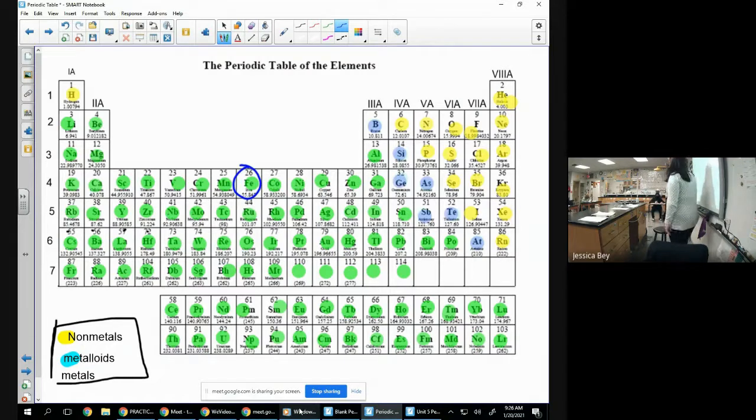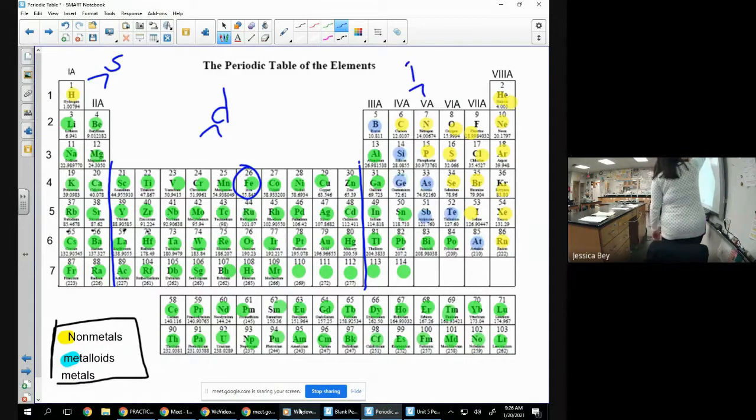Perfect. This is the S block. So I personally would write on the periodic table that this is the S block. Then down here between Sc and Zn in the transition metals, this is the D block. And then over here is the P block.